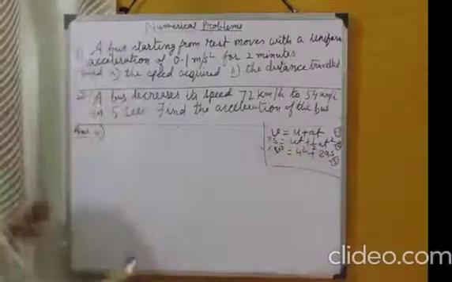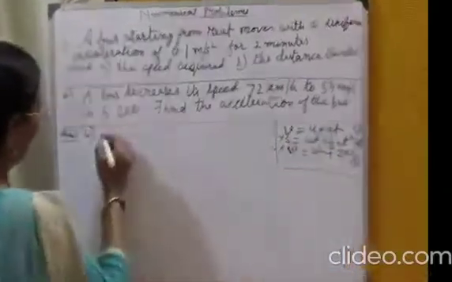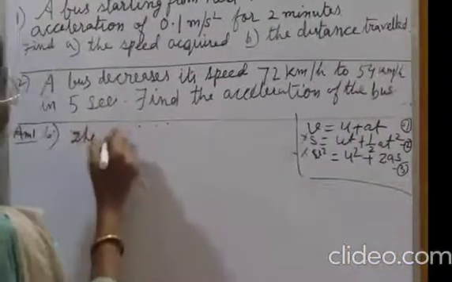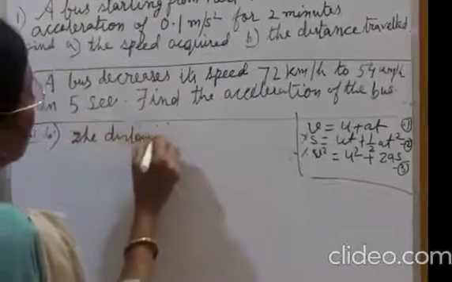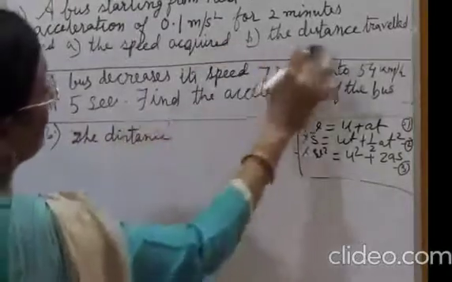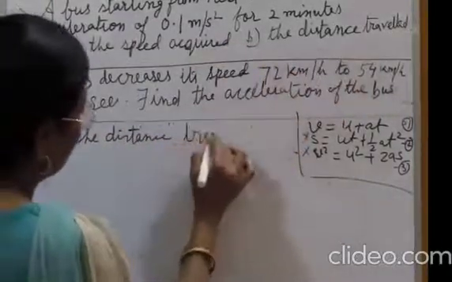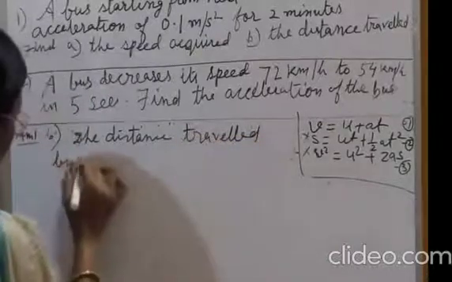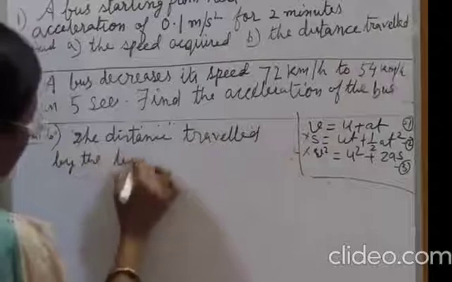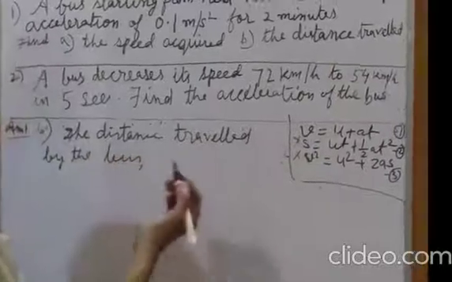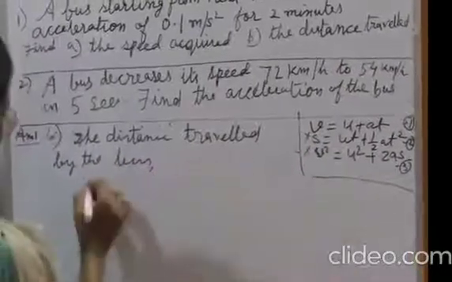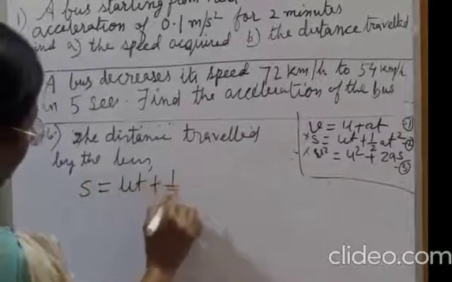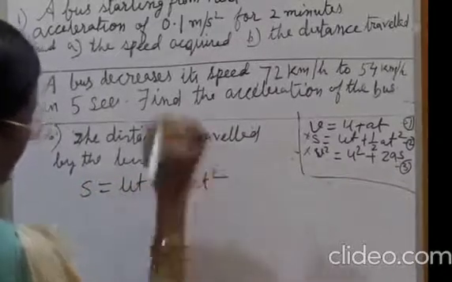So now I will write the distance traveled by the bus equals what? See, s equals ut plus half at square.